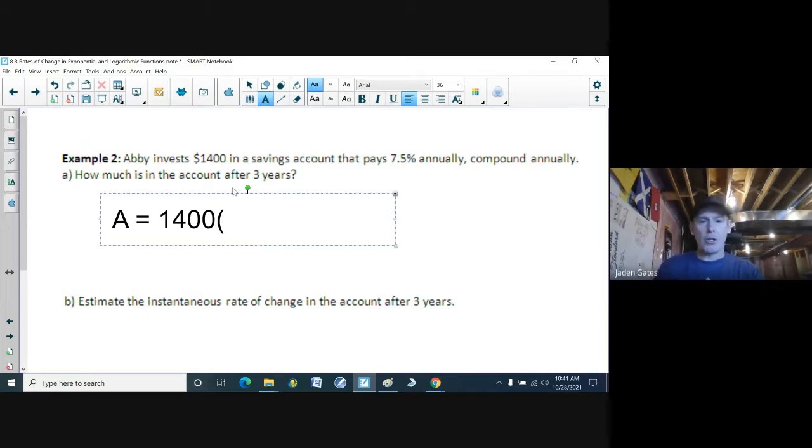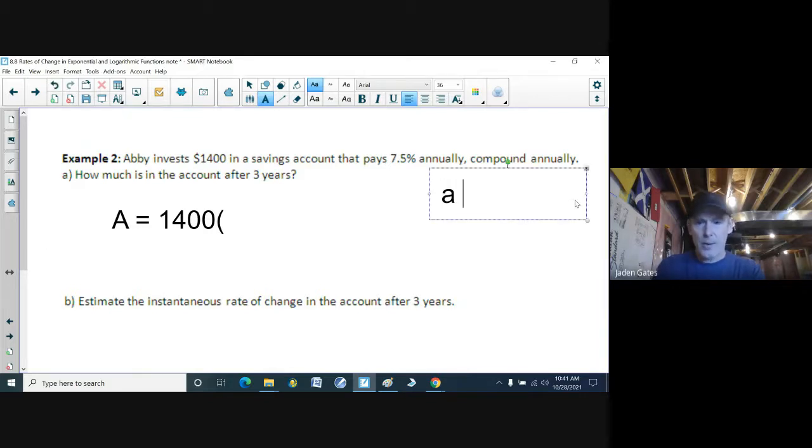Now we get to the multiplying factor. Now that's a little bit different. Here, I'm going to do this over the side. So again, our starting amount, 1,400. But our multiplying factor can be calculated by looking at percentages. It pays 7.5% annually.